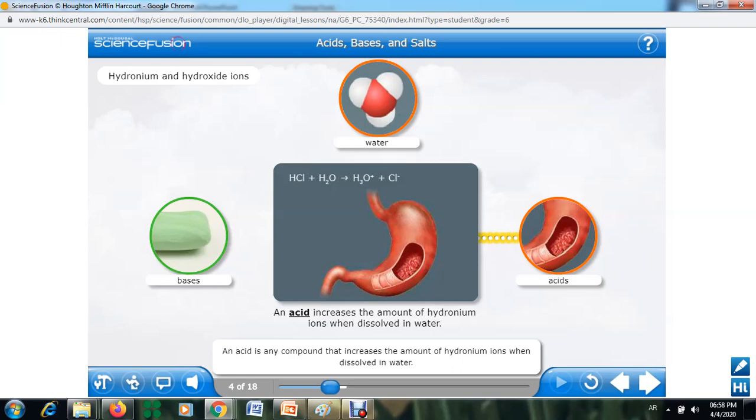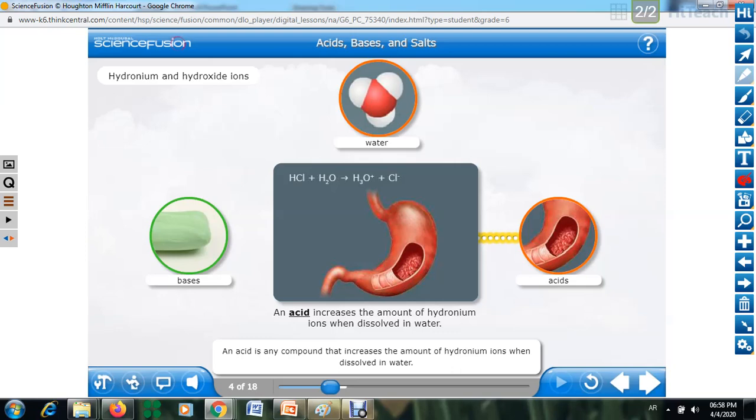Okay, I want you to look at this example. This example is about hydrochloric acid. The chemical formula of hydrochloric acid is HCl. It has hydrogen with chlorine.